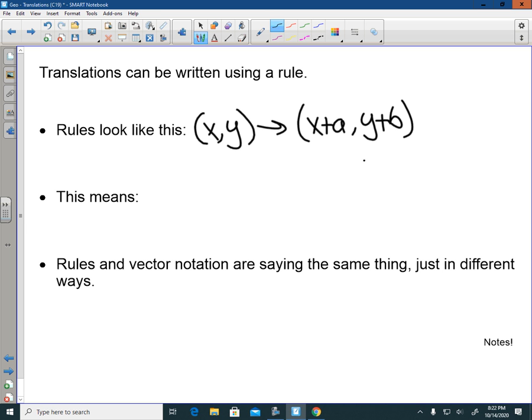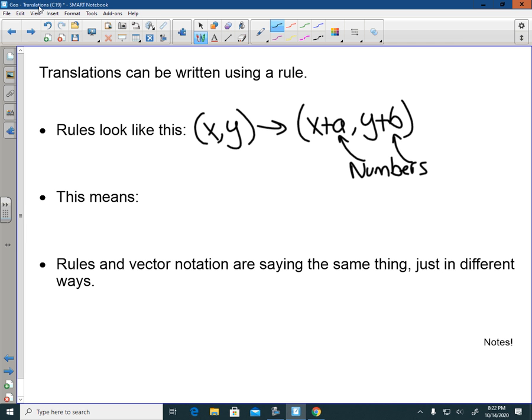These things right here, this A and this B, they're going to be numbers. And what they're telling you is how far something is moving in the x and y direction, just like a vector does. It's just another way of saying the same thing as a vector would.